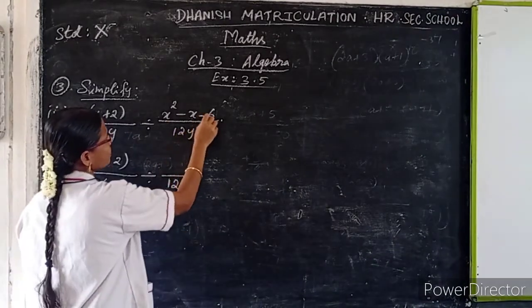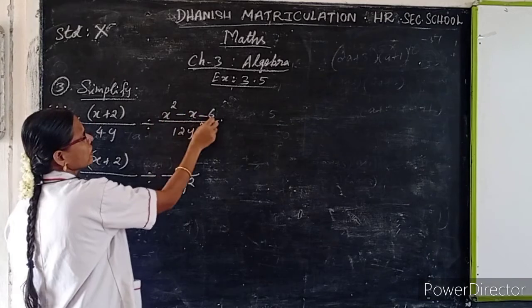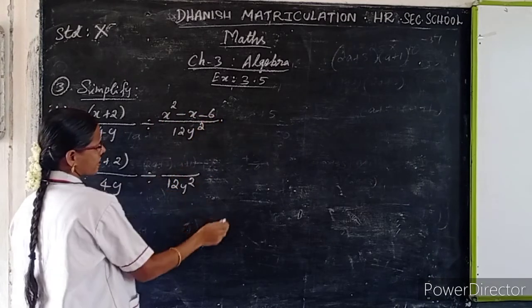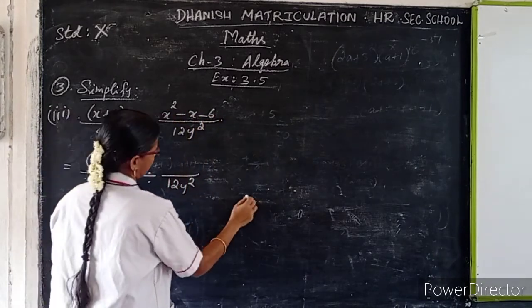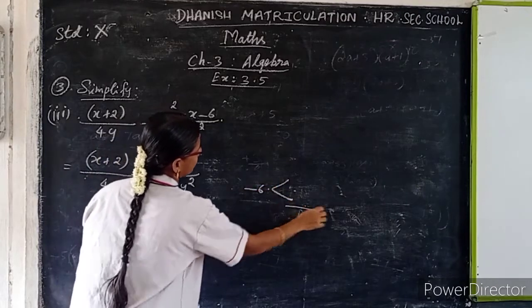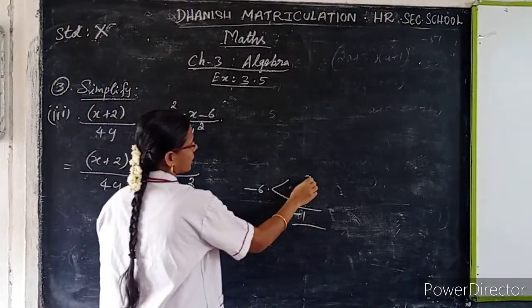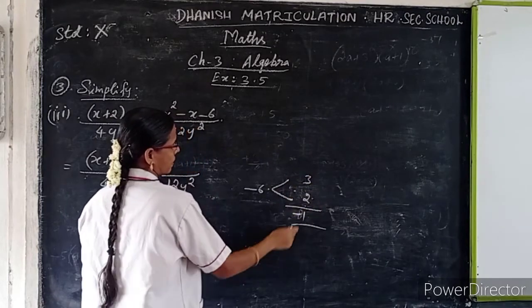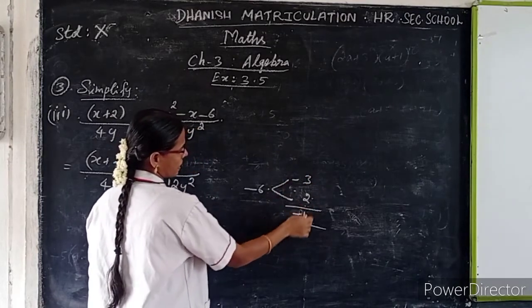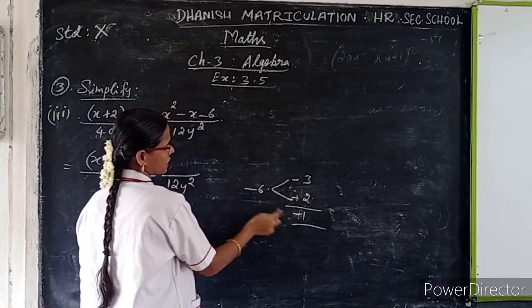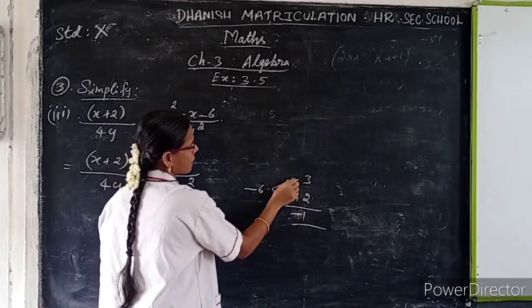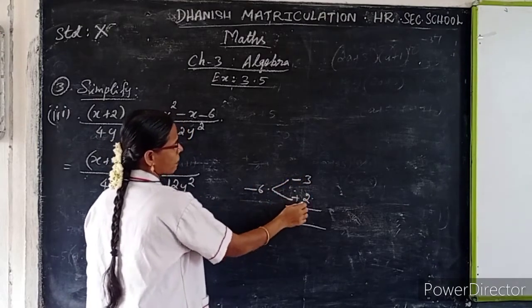Here the coefficient of x² is 1. The constant term is -6. 1 times 6 is 6, minus 6. The coefficient of x is -1. So 3 twos are 6, and 3 minus 2 is minus 1. So minus, plus, minus, minus means greater number minus, smaller number plus.